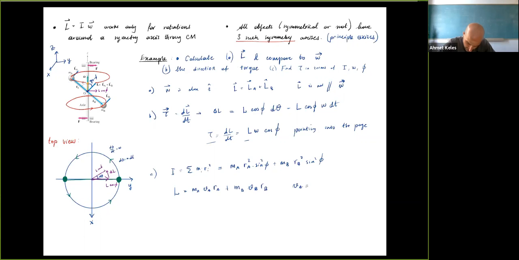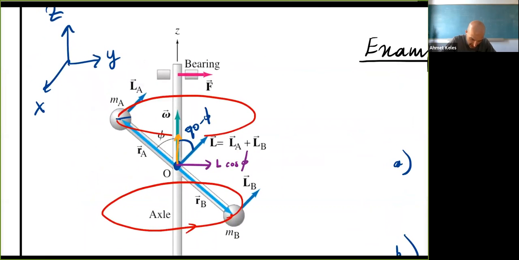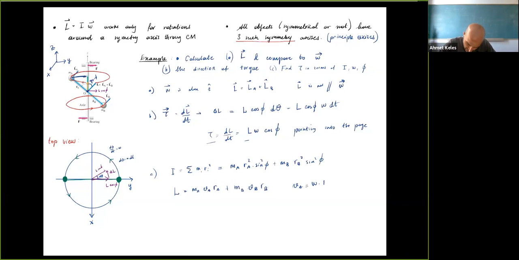VA is equal to omega times the perpendicular distance. RA is what? This is RA times sine phi, and VB is equal to omega times RB times sine phi.